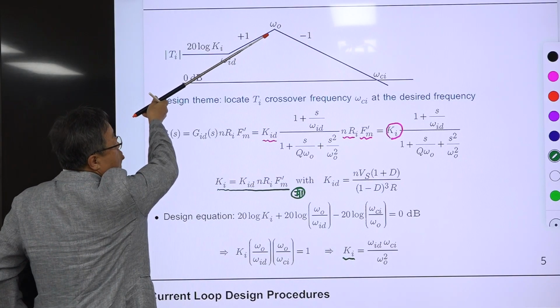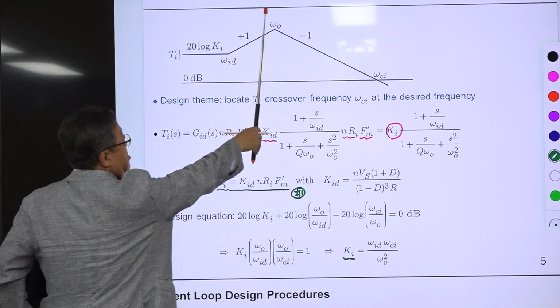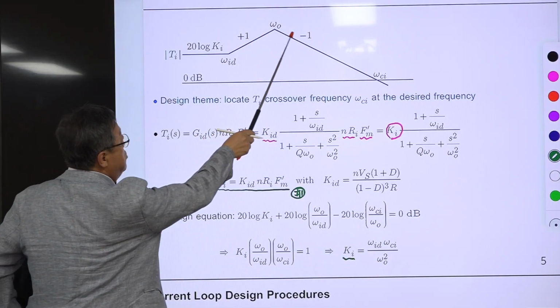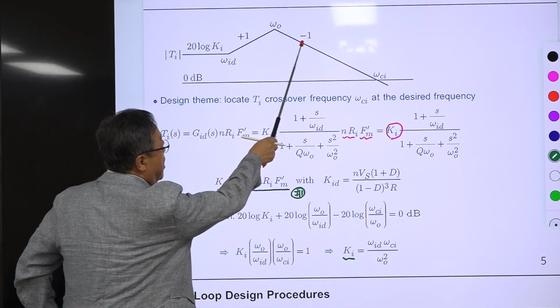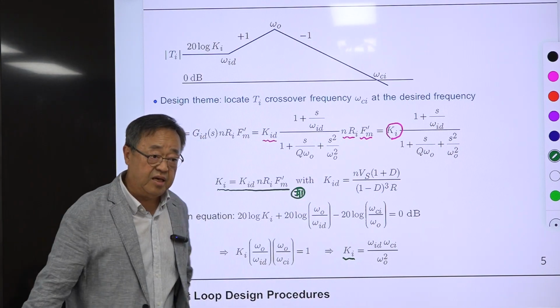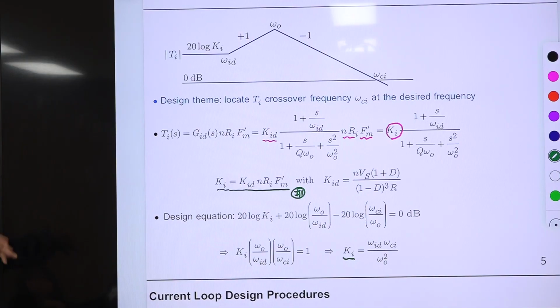So this slope goes up with +1 slope, and at this omega naught, you have a double pole. So the +1 slope changes to a -1 slope, and it's declining, and this is omega Ci, the loop gain 0 dB, loop gain crossover frequency. Okay?